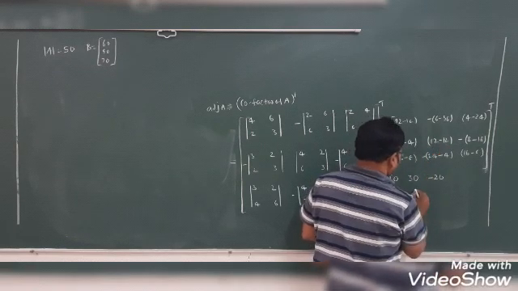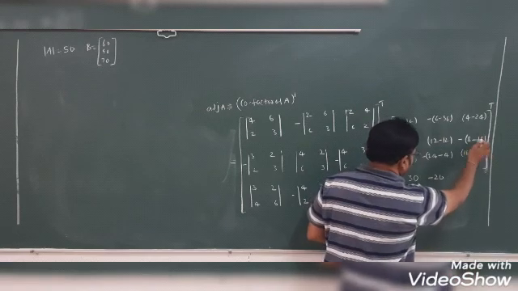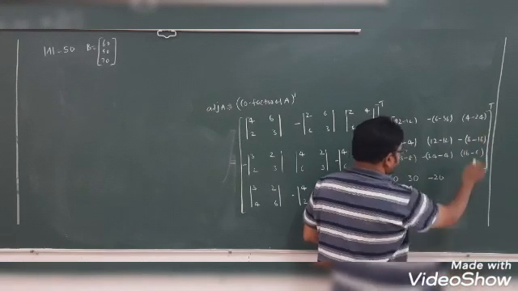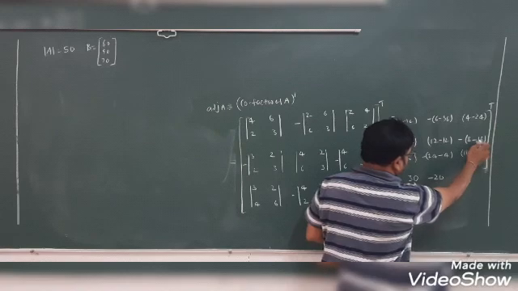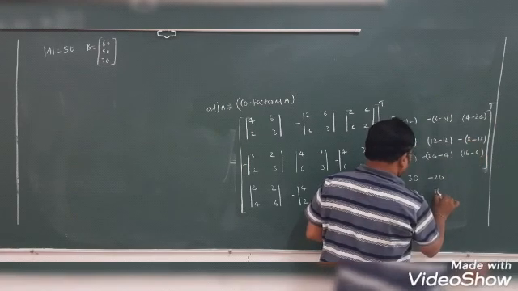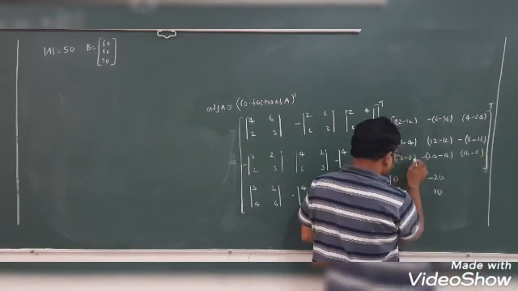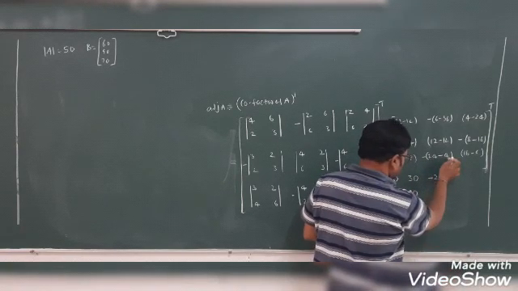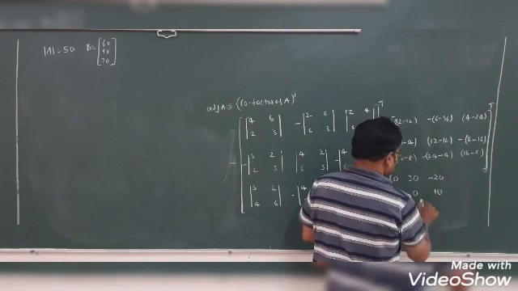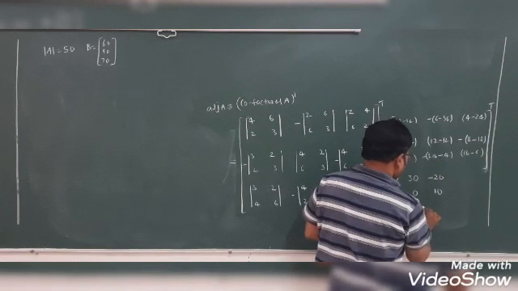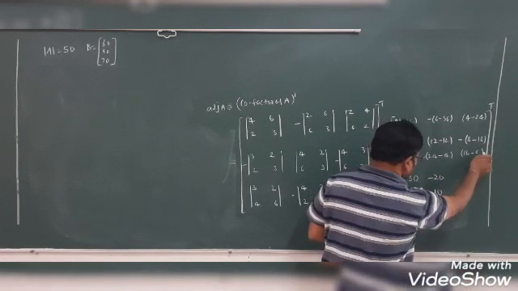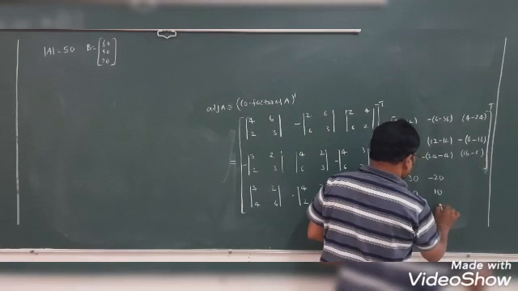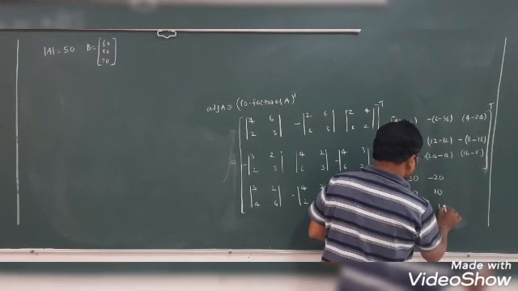And 12 minus 12 is 0. 8 minus 18 is minus 10, minus into minus plus 10. 18 minus 8 is 10. 24 minus 4 is 20, this value is minus 20. And 16 minus 6 is 10.